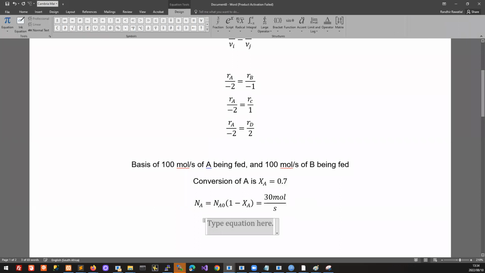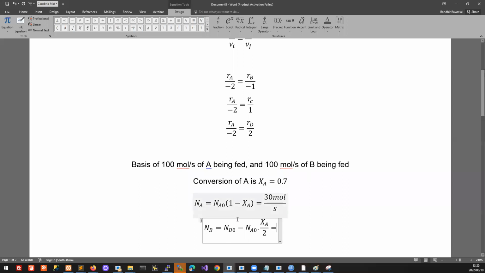So we can say NB is equal to NB naught minus half the amount of A that has been converted. The amount of A that's been converted is, of course, NA naught times XA, and we want half that amount, so divide by 2.